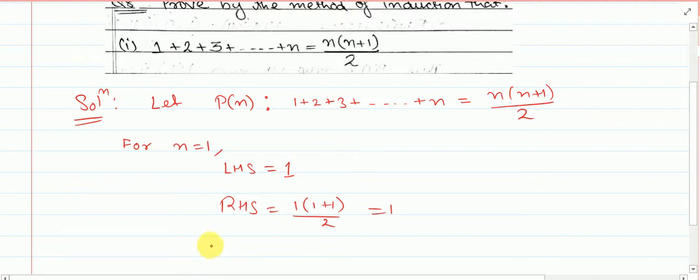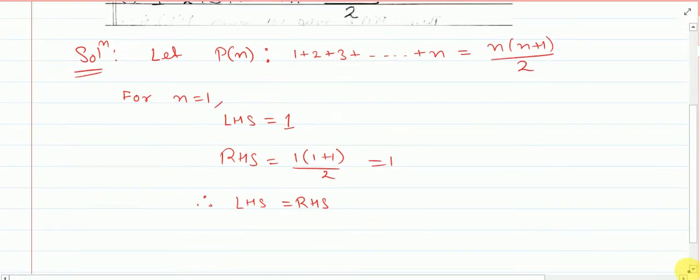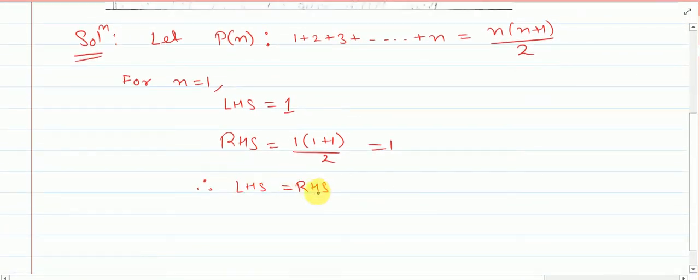So what do we observe? Therefore LHS is equal to RHS. Since we got LHS equal to RHS for n equal to 1, hence P1 is true.